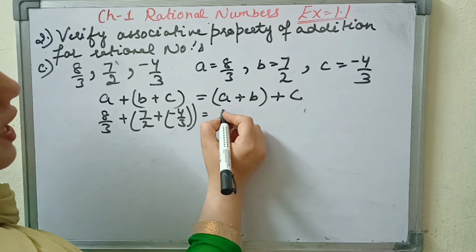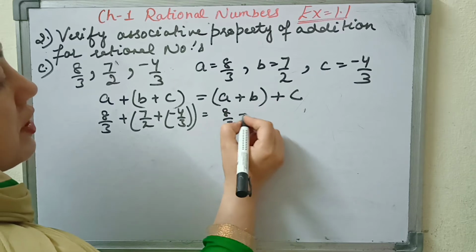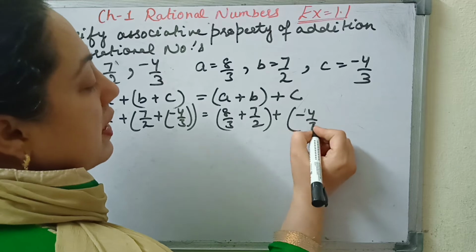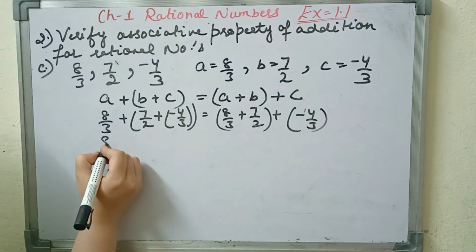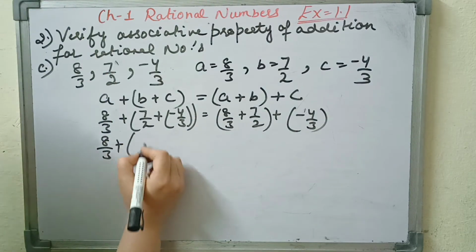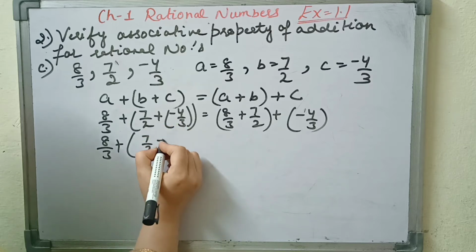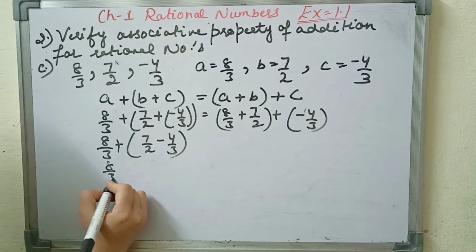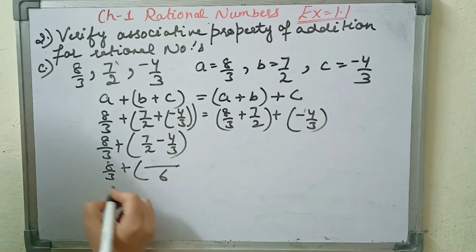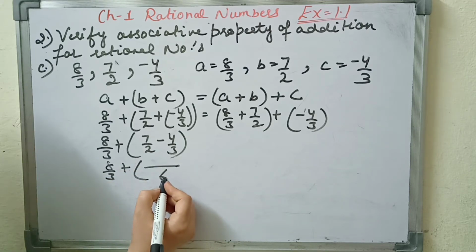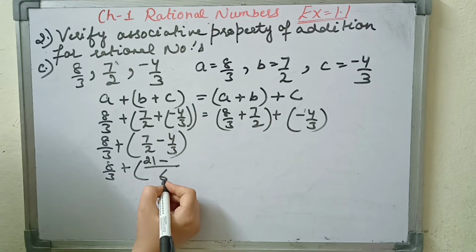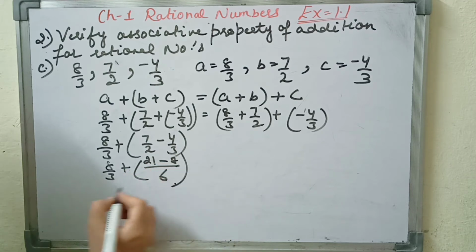Again, on the right hand side, A is 8/3, B is 7/2 and C is -4/3. First of all, I will solve the bracket 7/2 plus -4/3. Take the LCM of 2 and 3, that is 6. 6 divided by 2 is 3, 3 sevens are 21. 6 divided by 3 is 2, 2 fours are 8.